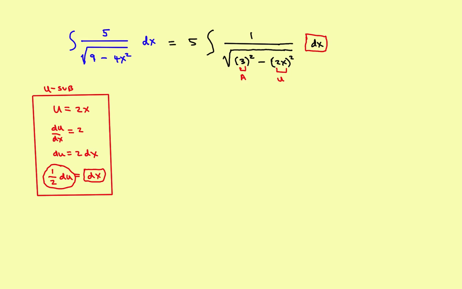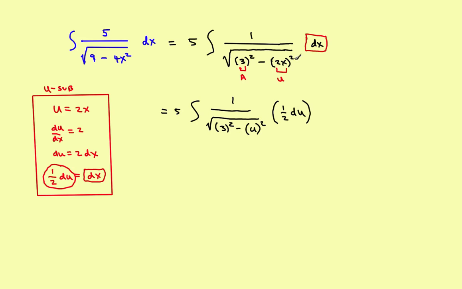So now with that in mind, let's go ahead and plug in and see what we've got left in the problem. So this gets you to 5 times the integral of 1 over the square root of, and we'll leave this as 3 squared minus, but in place of this we're going to put u squared. And you've changed the dx into a 1/2 du.